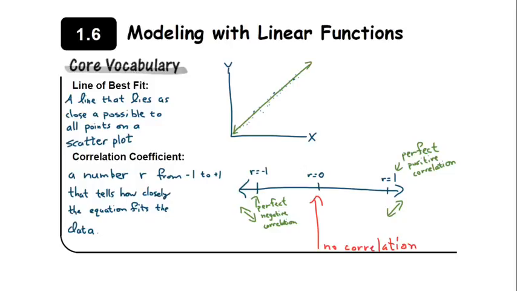And just to kind of give you some ranges, in general, if we are less than -0.85, so if we're in this region, we're going to say it has strong negative correlation. Now you might say 0.82.